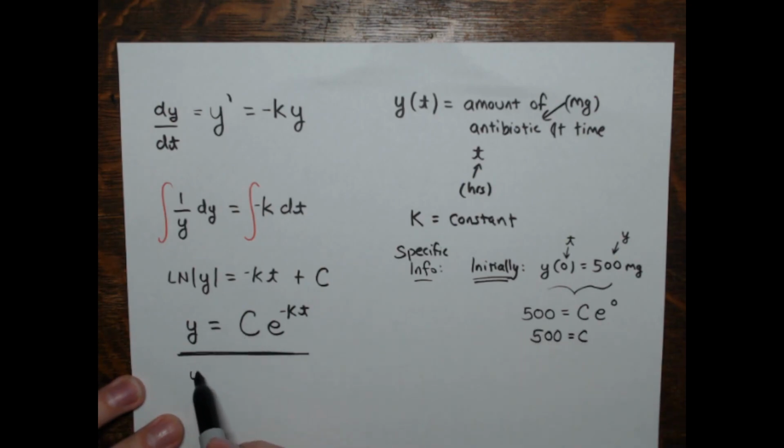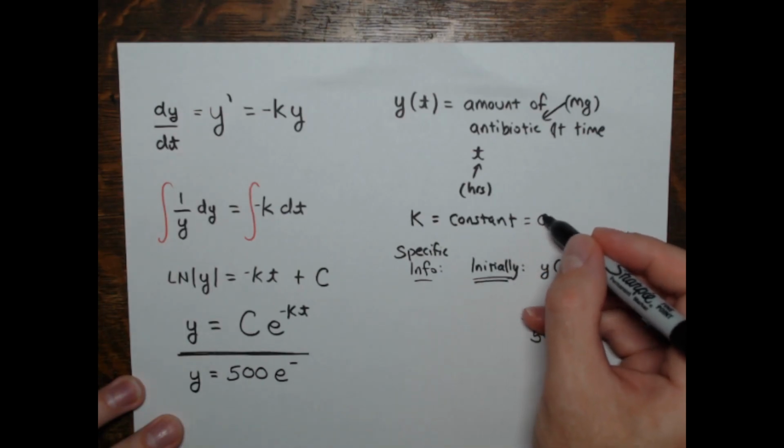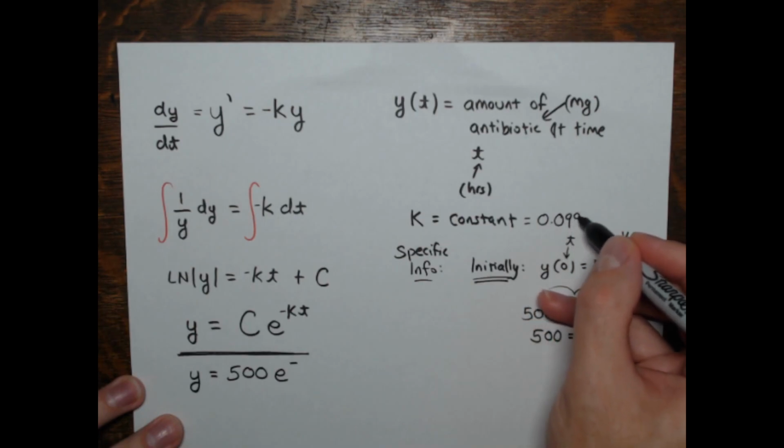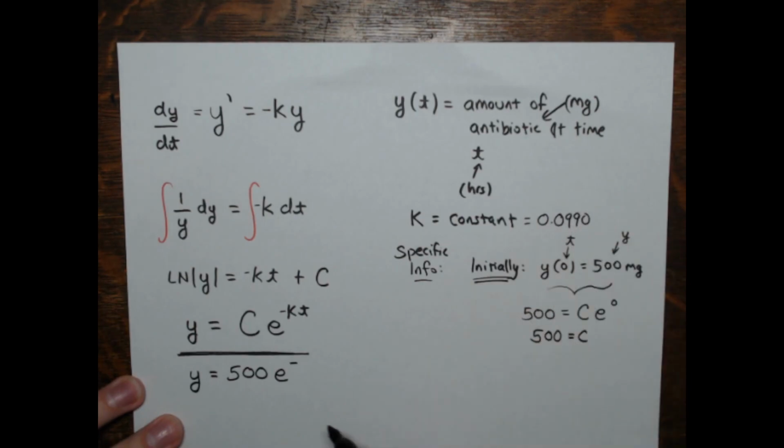So now I go back, we got this now. y equals 500 times e to the negative, and then k was that 0.0990 number they mentioned in the problem. I'll put that in here as well. So here's the model, right, for the amount of antibiotic left after so many hours.